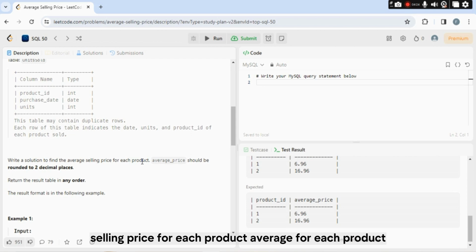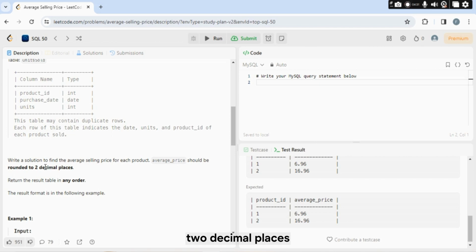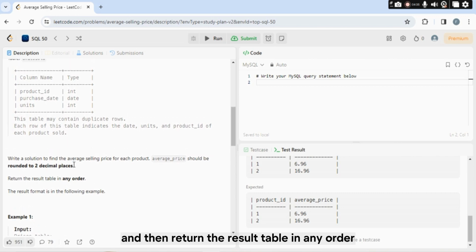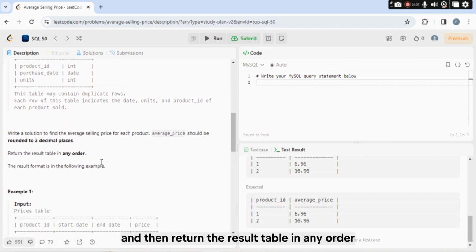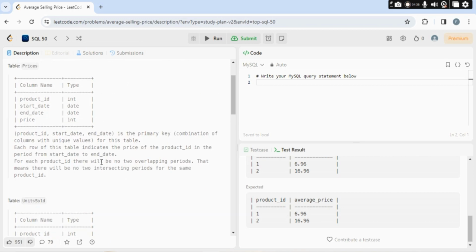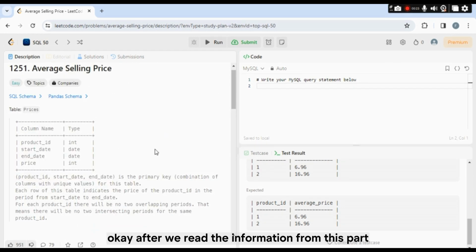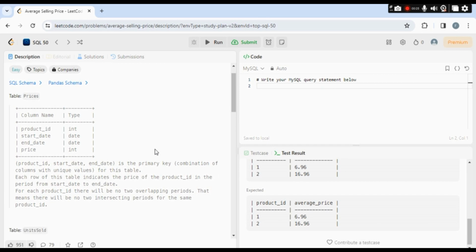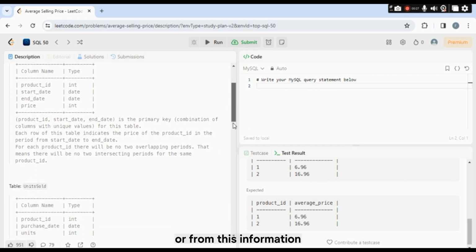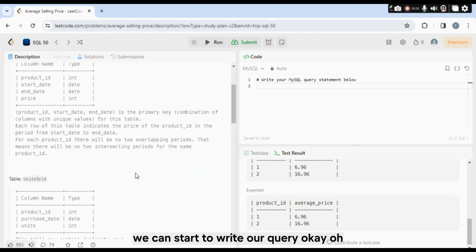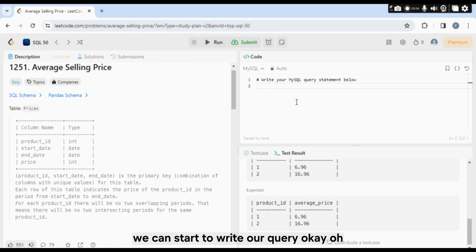Average price should be rounded to 2 decimal places, and then return the result table in any order. Okay, after we read the information and try to understand the question, we can start to write our query.